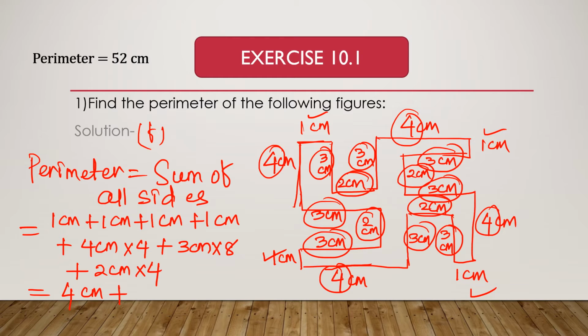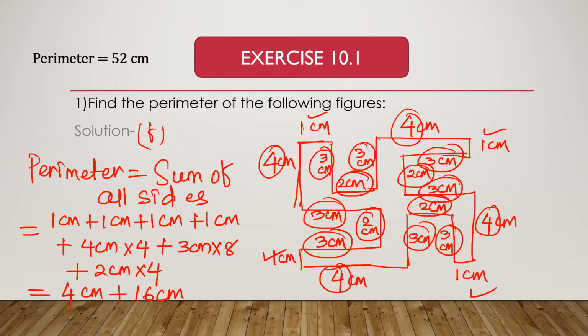So 1 centimeter plus 1 centimeter plus 1 centimeter plus 1 centimeter is 1 centimeter multiplied by 4, that is 4 centimeter, and 4 centimeter multiplied with 4 is 16 centimeter.